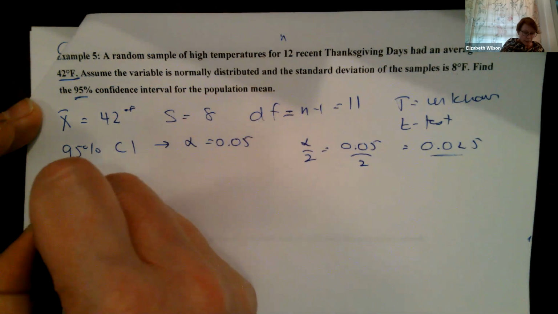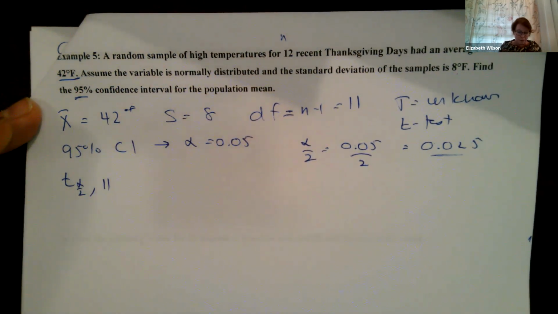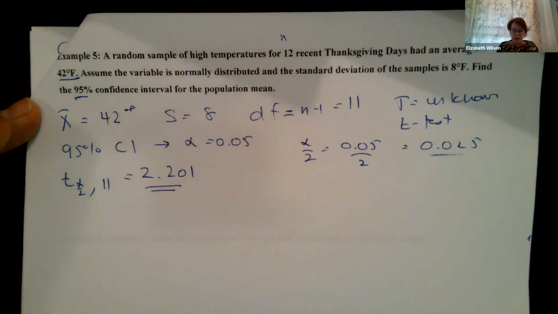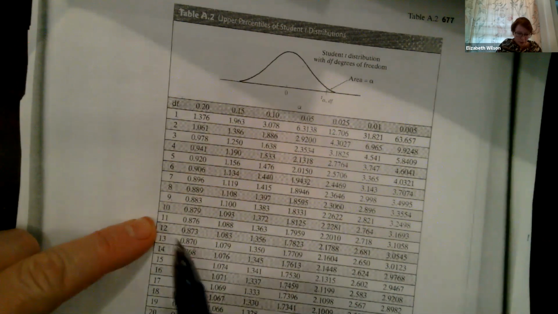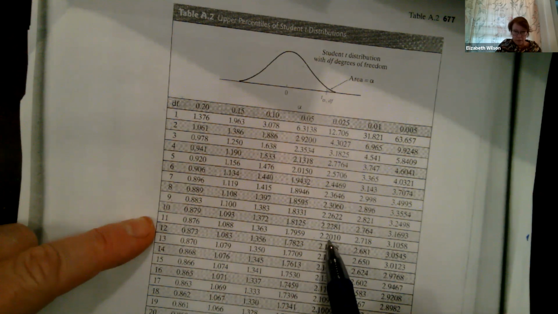So my t alpha over 2 for 11 degrees of freedom is going to be 2.201. I got that from my table: degrees of freedom equals 11, alpha equals 0.025, and my t-value is 2.201. That's how I got that.